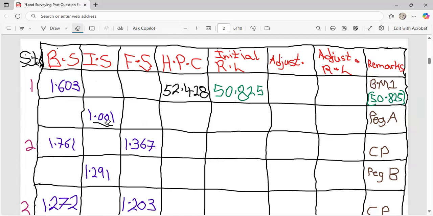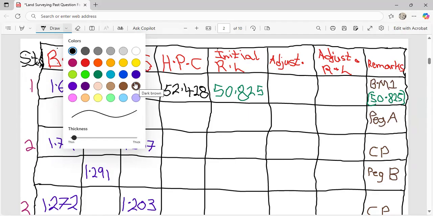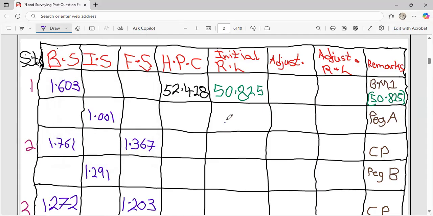Okay, yes. So in doing that, let's quickly perform that together. And in doing so, you realize that we are going to be getting 51.427. And how did we get the 51.427?